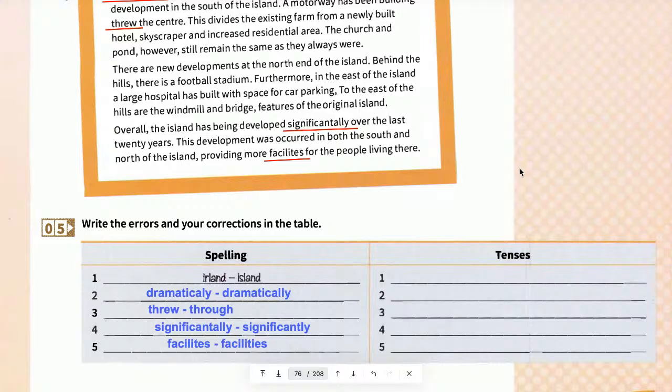Ngọc, and the last one? I think it's No. Nga. Facility. Yeah. Facilities is wrong. The last line, say that. Facilities. Facilities. Fix that.